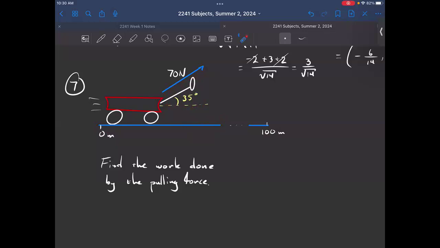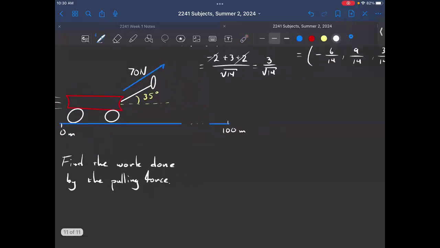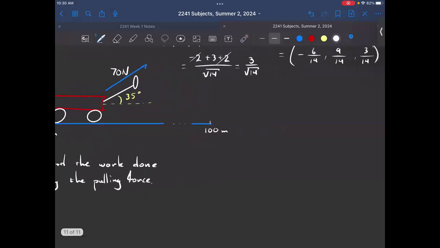And if we know the size of that force, 70 newtons, we can use our work formula. Actually, let's back up a little bit. The work formula says that work is force dot displacement.